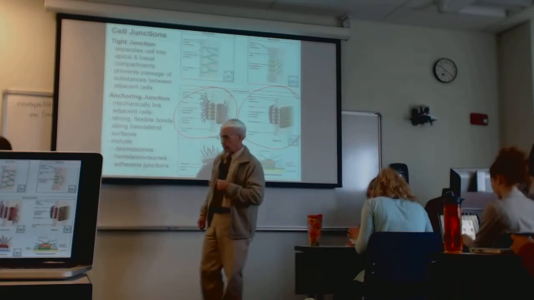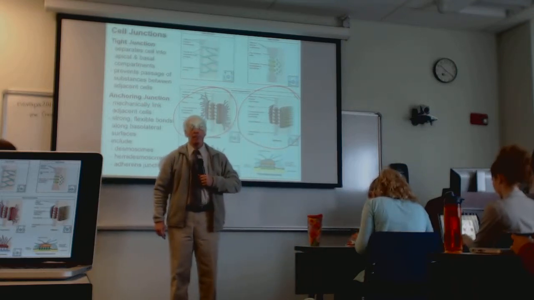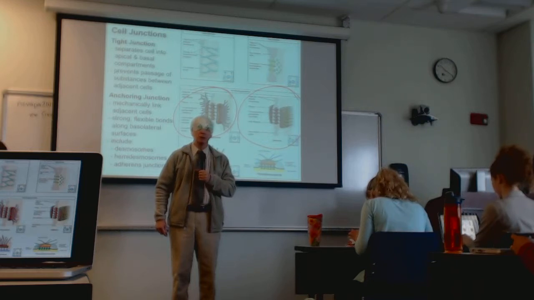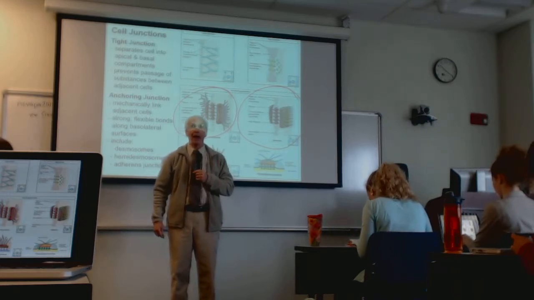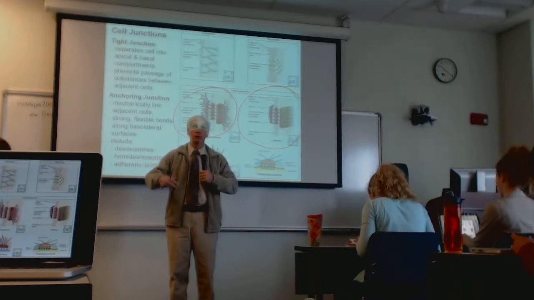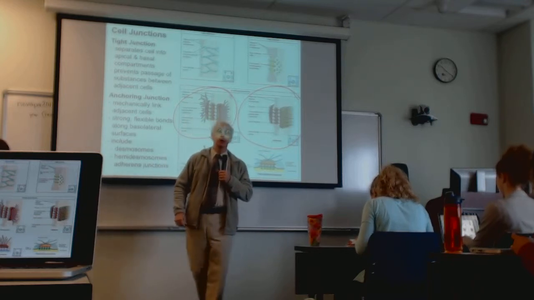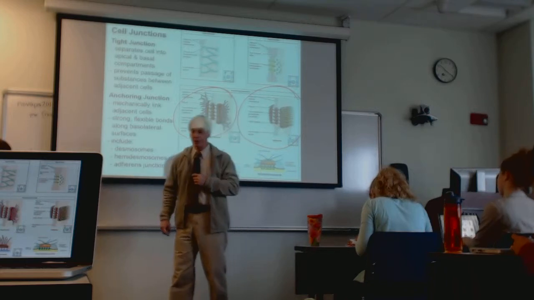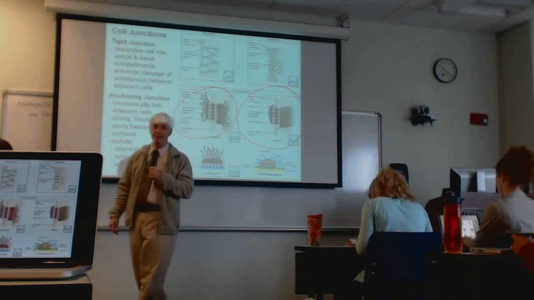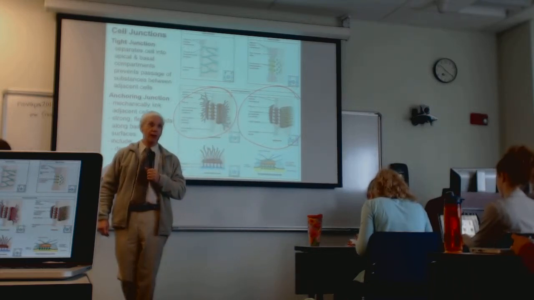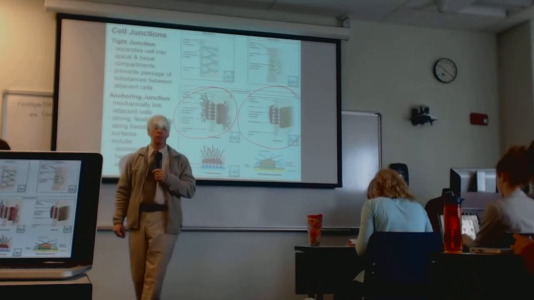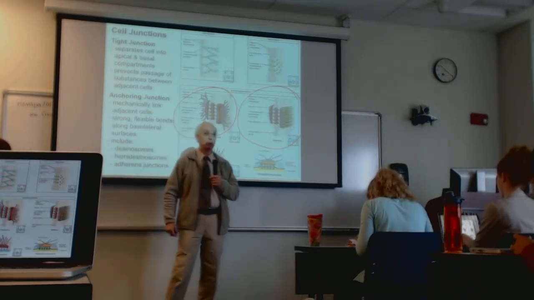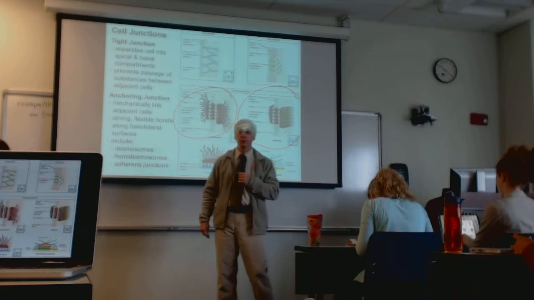Both adherens junctions and desmosomes aggregate. They come together in clusters, but the adherens junction clusters tend to be larger. We just call the desmosome clusters plaques, so when you read about epithelial plaques, oftentimes the reference is to those desmosomes.